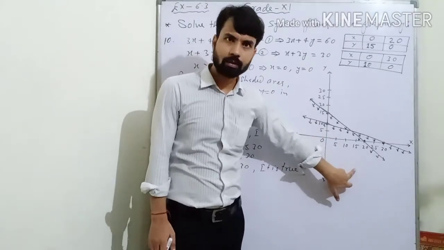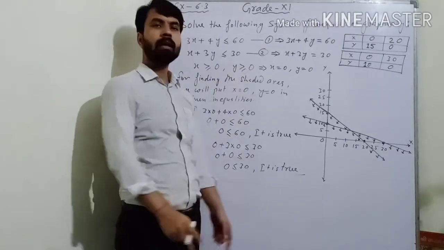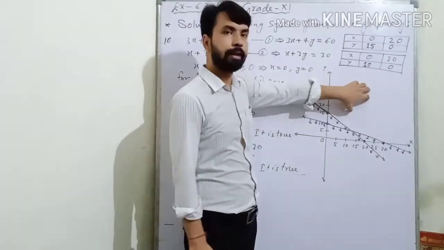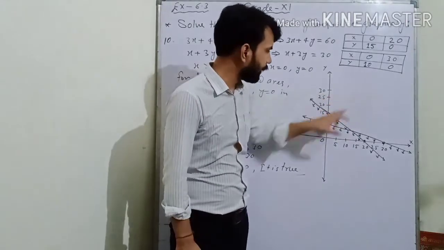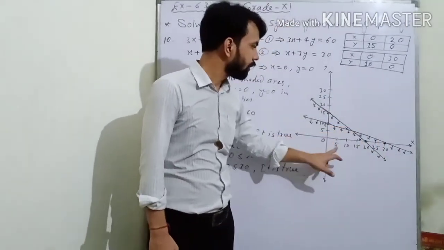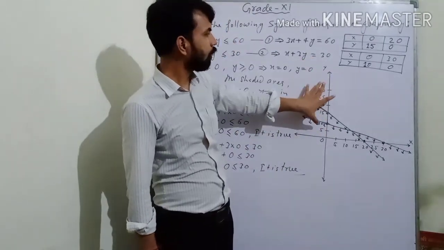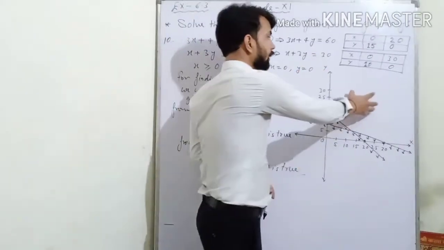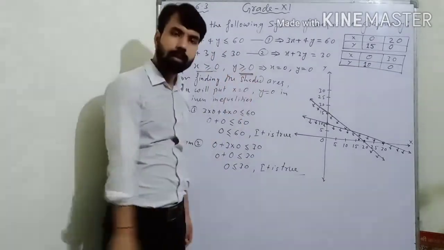Understood? So in which quadrant are x and y both positive? Yes, correct. In the first quadrant x is positive and y is also positive, because on the x-axis we write the positive integers, and on the y-axis we also write the positive integers. So in the first quadrant x and y are both greater than or equal to 0.